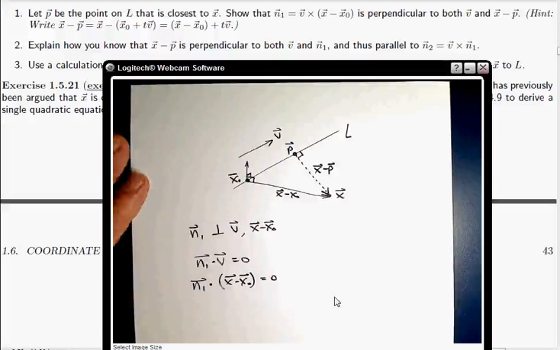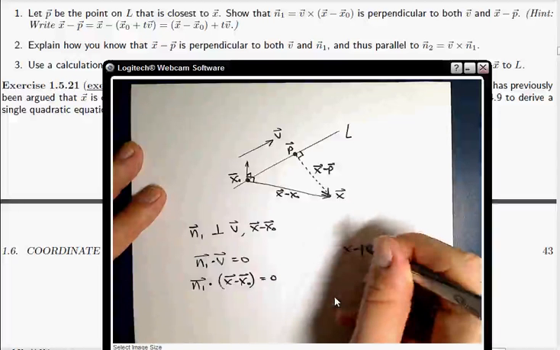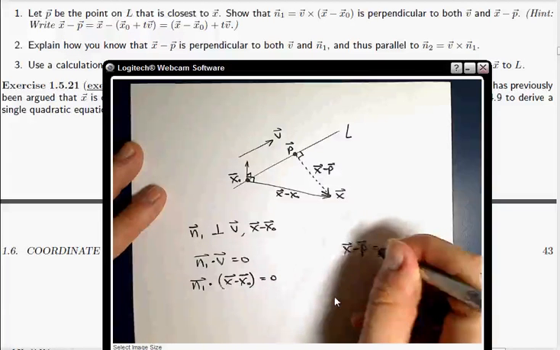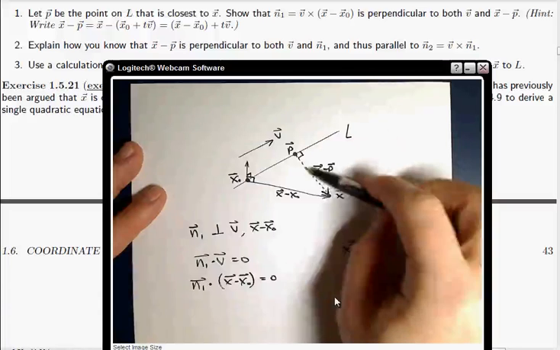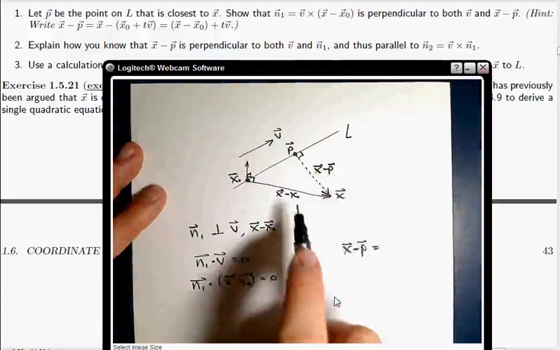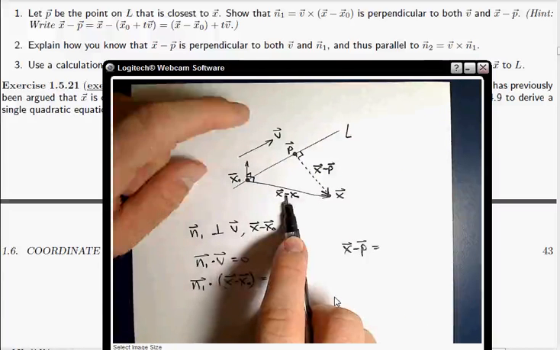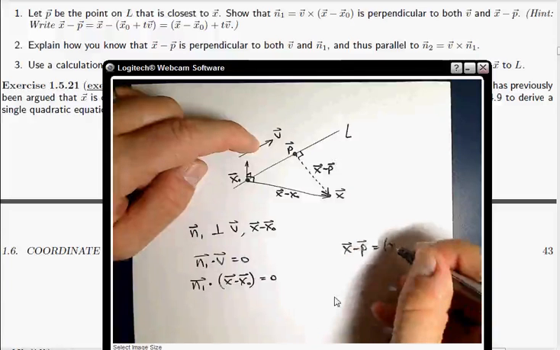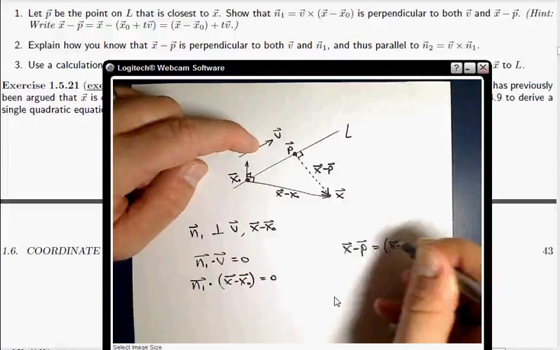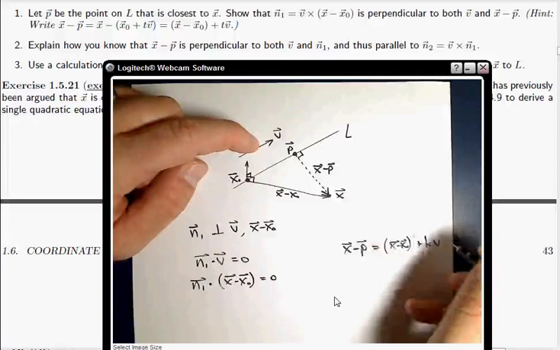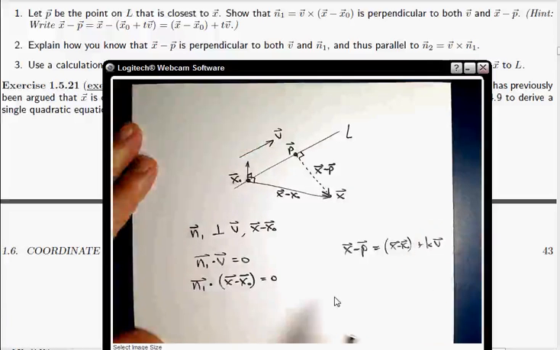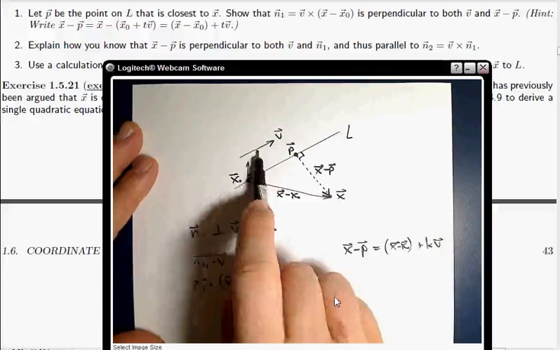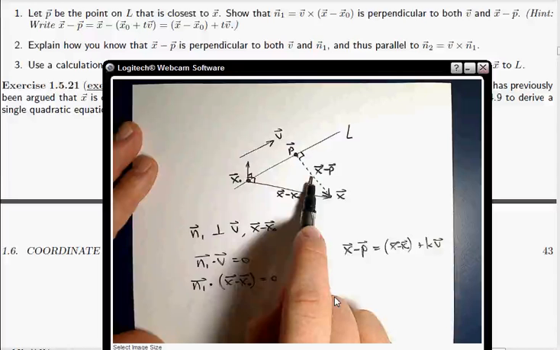And note that this X minus P is going to equal X minus X naught plus some multiple of V. I don't know what that K is exactly, but there's going to be some multiple of V that I can add to this vector to get me to that vector. Does that make sense? You sure?